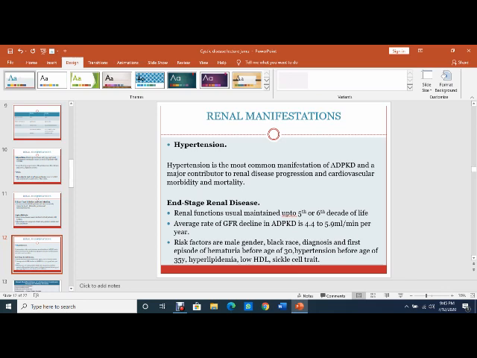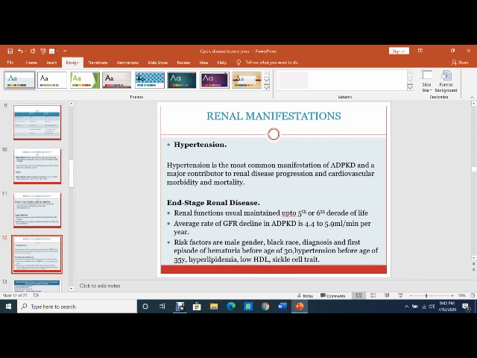Hypertension is also seen in these patients. The cause of hypertension, as you know, is that when the kidney size is enlarged, erythropoietin hormone is secreted from the kidney. The function of erythropoietin is that it increases erythropoiesis, so it increases the red blood cell mass and increases the viscosity of the blood.